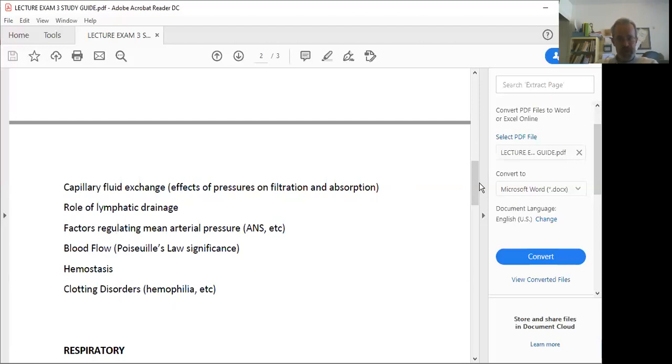That's called filtration, whereas absorption, movement of materials, waste, CO2, from the tissues back to the capillaries, how that occurs, and the role of the different pressures, which is higher, which is lower. And of course, I mentioned there's kind of an imbalance of fluid uptake where more fluid enters into the capillaries than is absorbed into the blood. So there's an excess. Fortunately, that's taken up by the lymphatics.